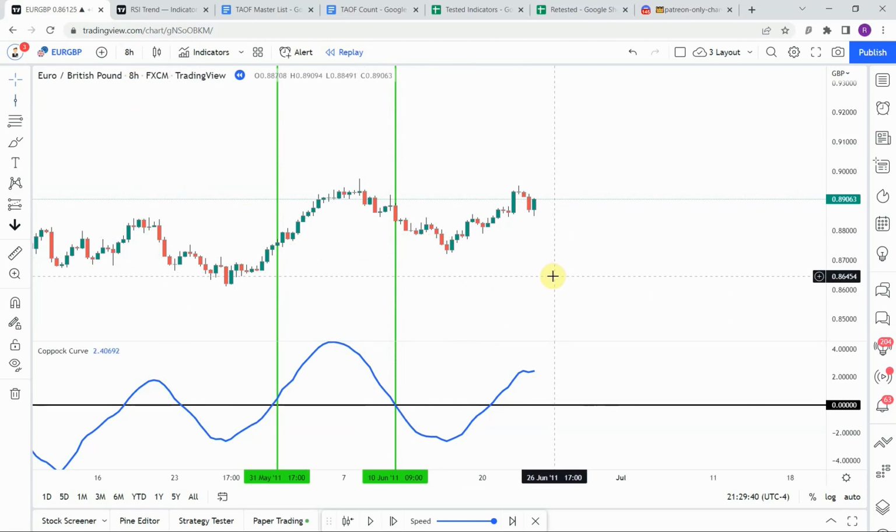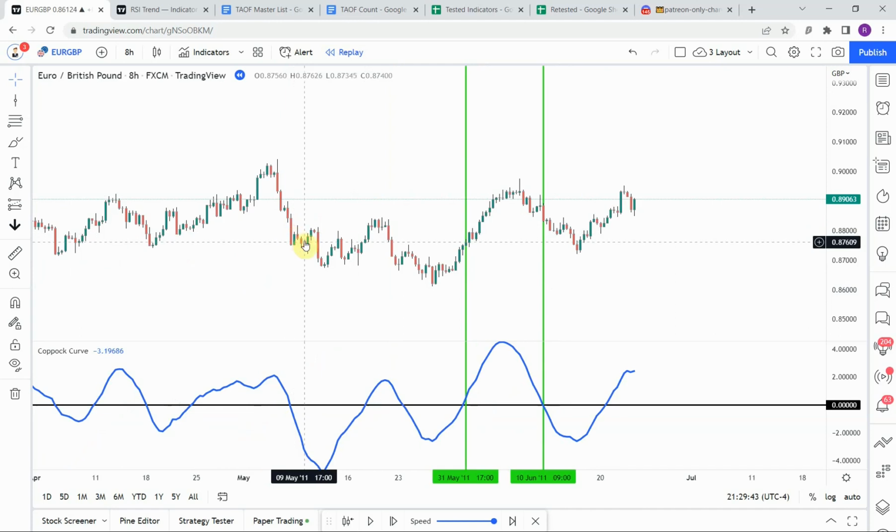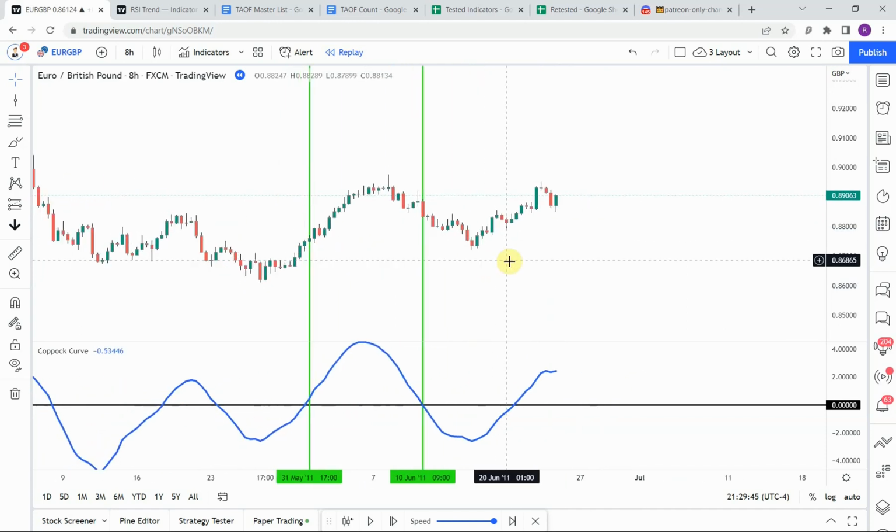And the way I'm going to break down the take profit and stop is that I'm going to take the original daily take profit and stop, and I'm going to cut it in half for any time frame that is down to 6-hour time frame.